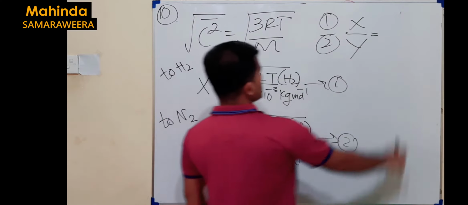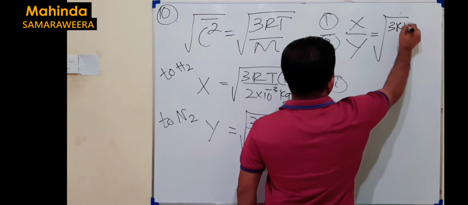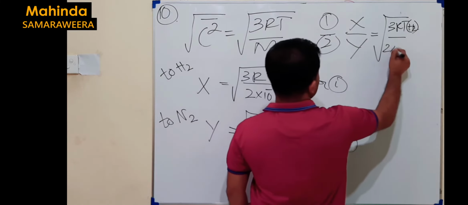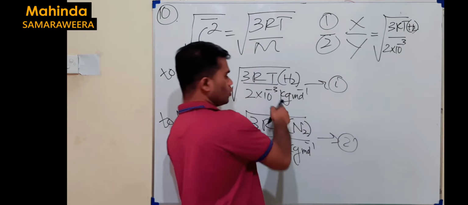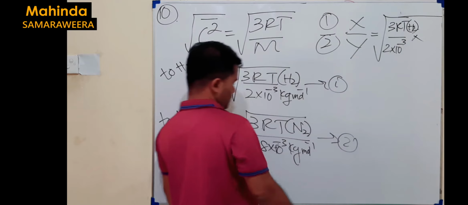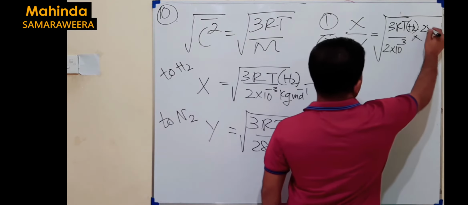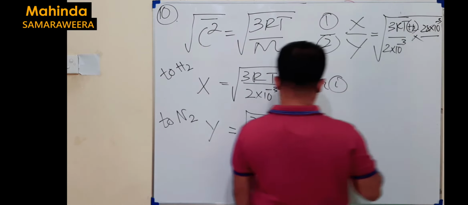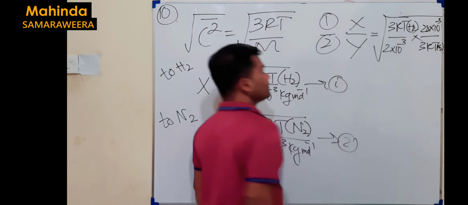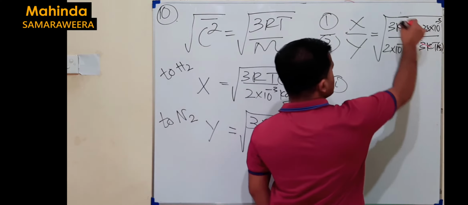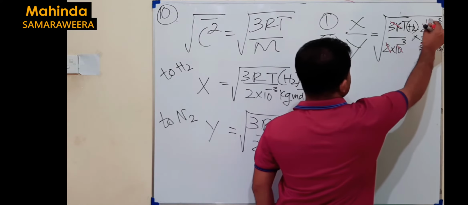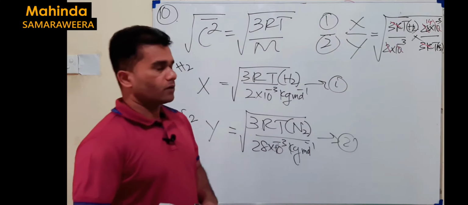This can be written as the square root of 3R T of hydrogen divided by 2 × 10^-3, multiplied by, upside down, 28 × 10^-3 divided by 3R T of nitrogen. I ignore units, they cancel out. The 3R cancels, the 10^-3 cancels, and 28 divided by 2 gives 14.